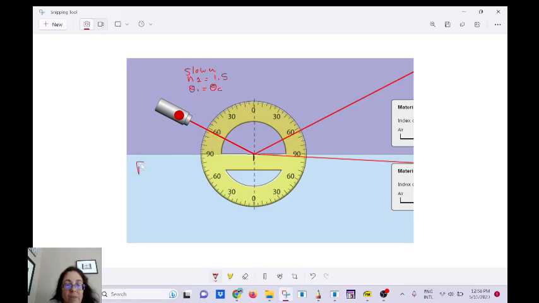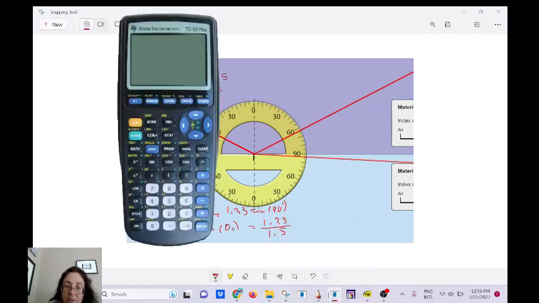Here you have faster, so this is faster, so you have 1.33, and here you have 90 degrees, right? So you can do 1.5 sine the critical angle equals 1.33 sine 90 degrees. Okay, so you have sine of the critical angle equals 1.33 divided by 1.5. You want to make sure it's smaller than 1, otherwise something is wrong.